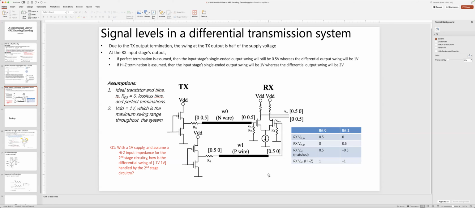To prevent that kind of saturation, we have to use AGC, automatic gain control, whether integrated into the first stage or into the second stage. So that's the answer to the question. We need to use AGC in order to handle this over-rail swing.